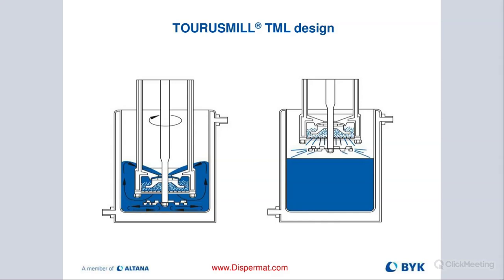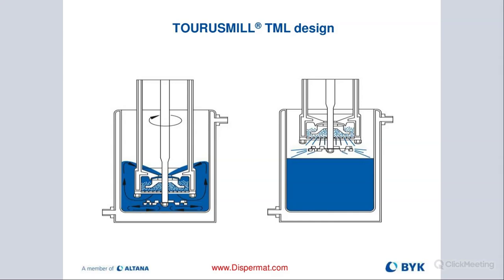Right below it on the outside, we have a pulse blade or a dispersion blade, not to disperse, but rather to pump the material outside of the basket through the screen and push it around to the top of our basket mill, where it gets sucked back into the basket. So you have a very good rotation in and out of the basket, good flow of our mill base. So a lot of cycles are possible with the basket mill.